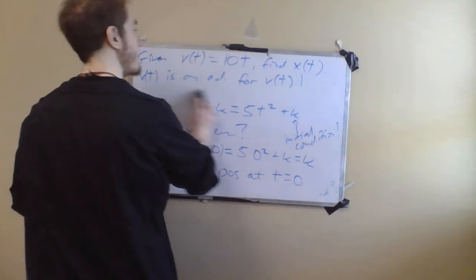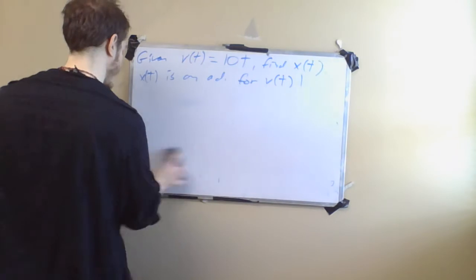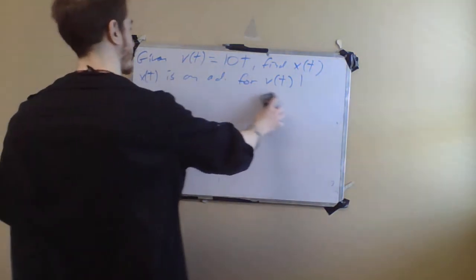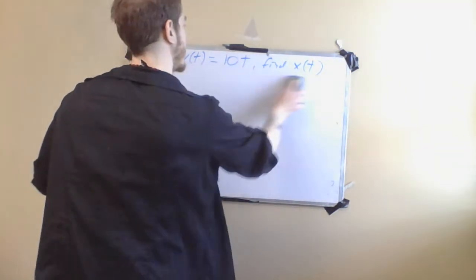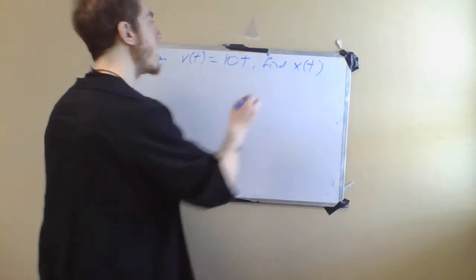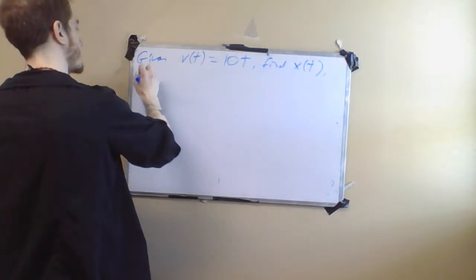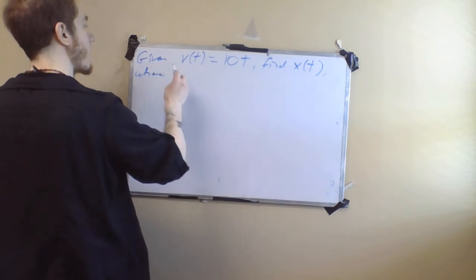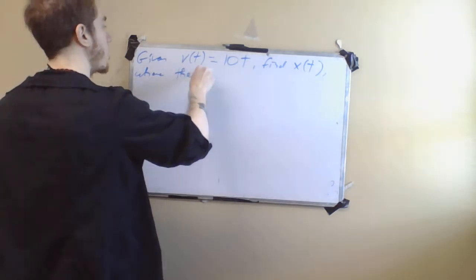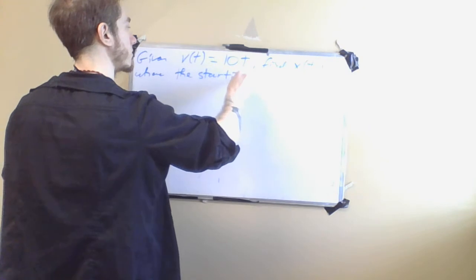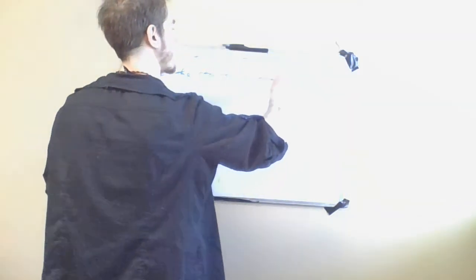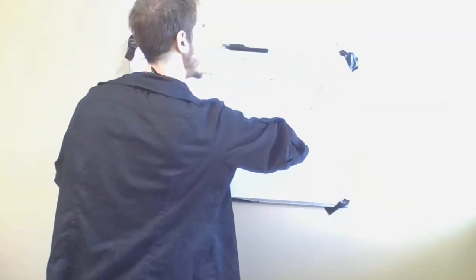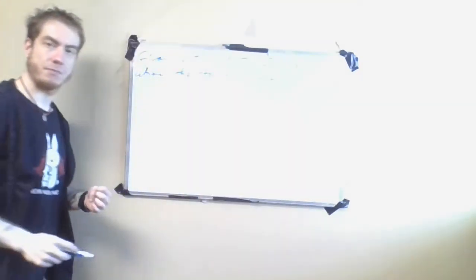So here's an example of using these types of initial conditions. Let's suppose that we modify the original problem and say the starting location is -20.